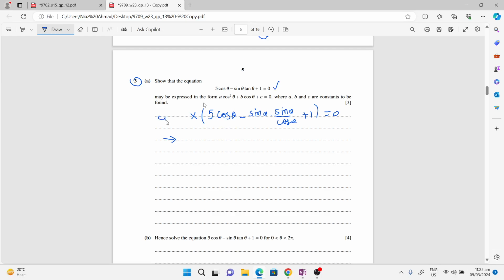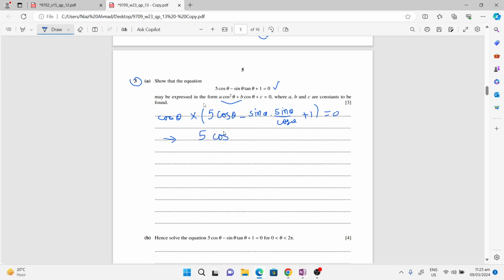So if you want to multiply with this cos theta, I need to express the equation in the form a cos square theta plus b cos theta plus c. Just multiply the whole equation with cos theta, so you will get it like this.